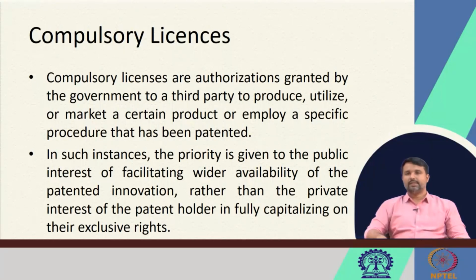In such instances, priority is given to the public interest of facilitating wider availability of the patented innovation rather than the private interest of the patent holder in fully capitalizing on their exclusive rights. So, compulsory licenses granted by the government will allow a third party to produce or utilize the innovation without permission from the patentee.